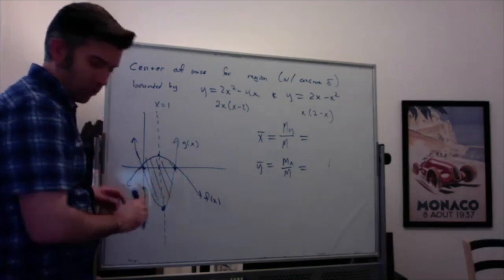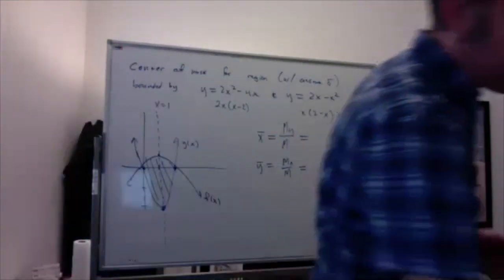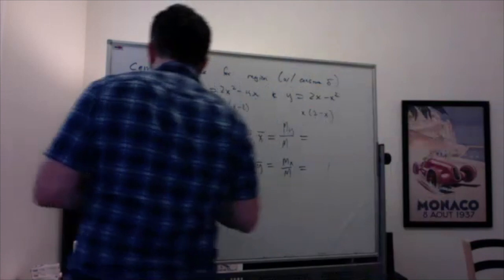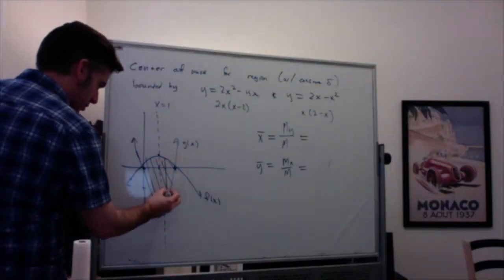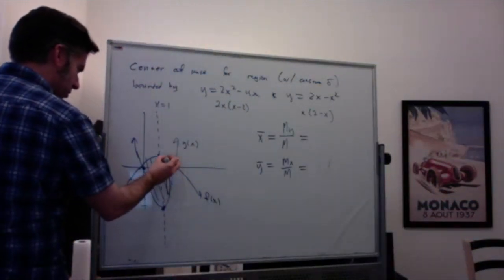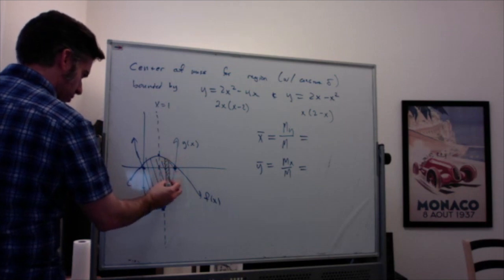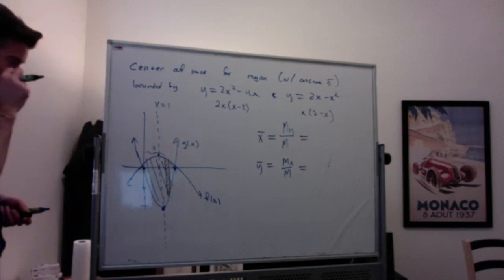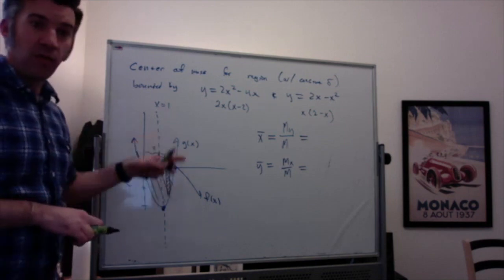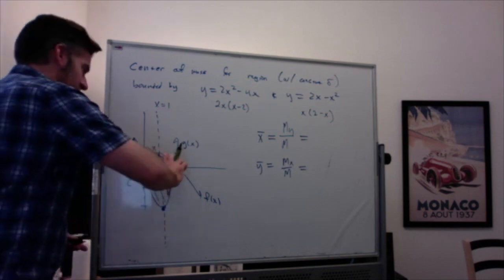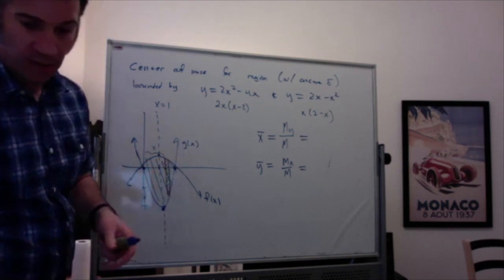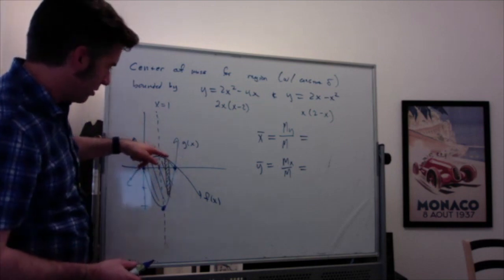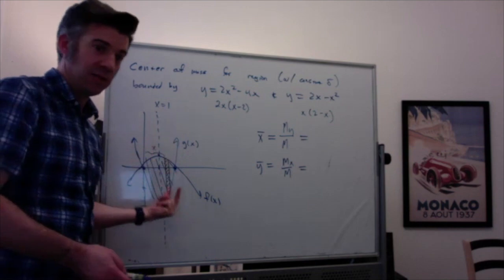So if you take some region here, it is x away from the y-axis. The moment of that region is x times the mass of that region. The mass of that region is the height of that rectangle times the base of the rectangle.